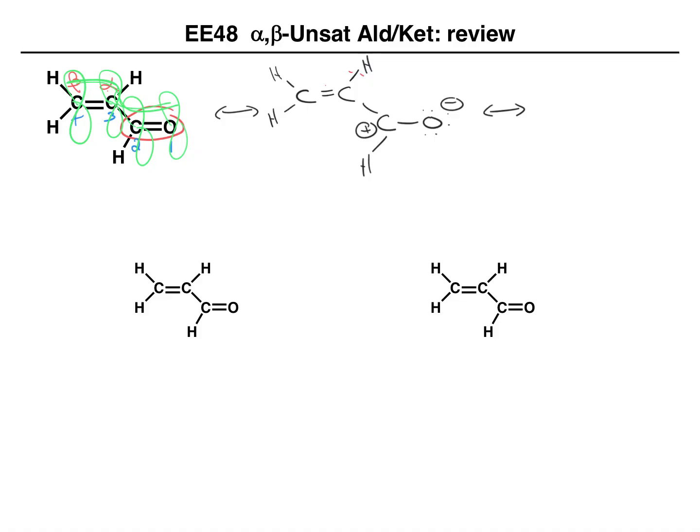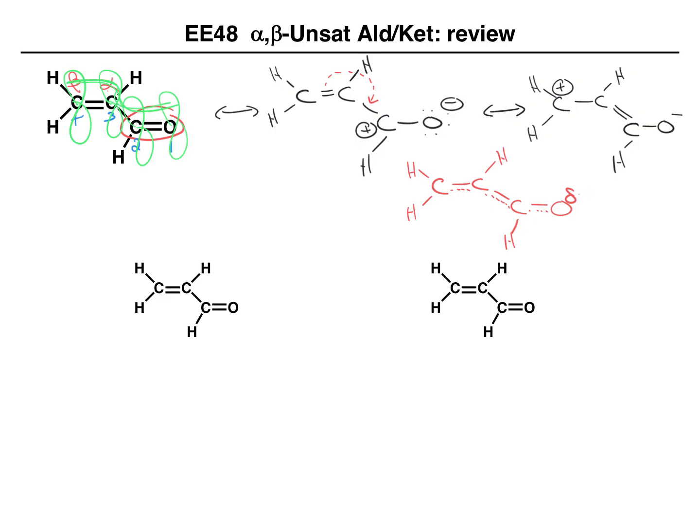These are the same. But for an alpha-beta unsaturated aldehyde or ketone, we have another resonance structure. We can imagine these electrons move here, leading to this resonance structure. And now we have a positive charge here. So for this compound, our resonance hybrid is going to look like this. We have partial double bond character here, partial double bond character here, partial double bond character here.